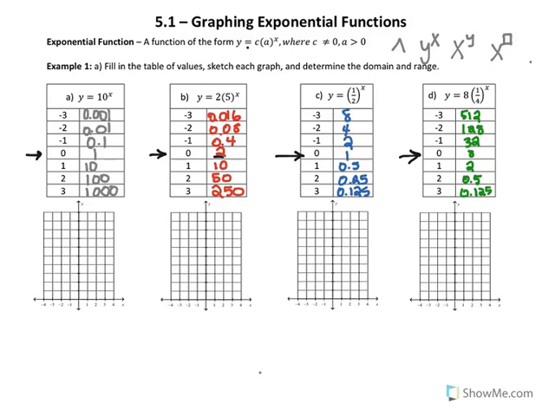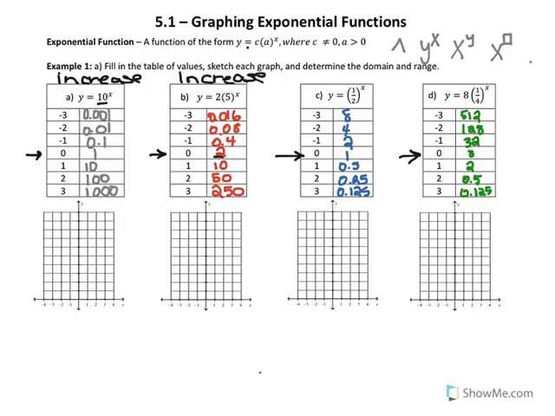The part in the brackets is what is called the base. So the base of that exponent, and it determines whether it's increasing or decreasing. So what you should have noticed is that this one is increasing. It's starting little and it's getting bigger. That's called exponential growth. Second one is also increasing.